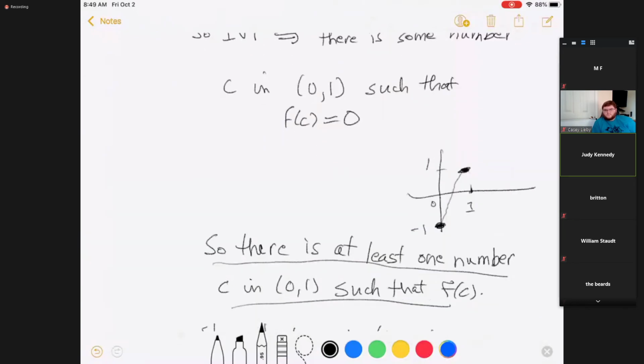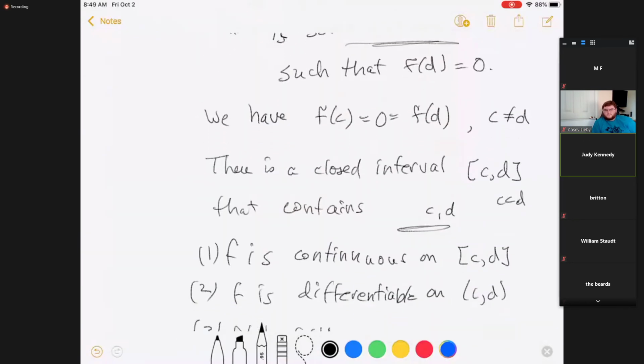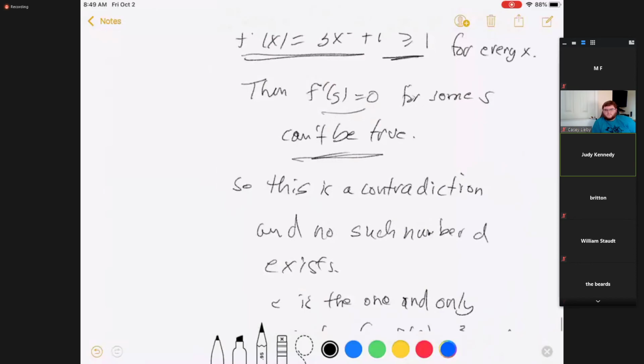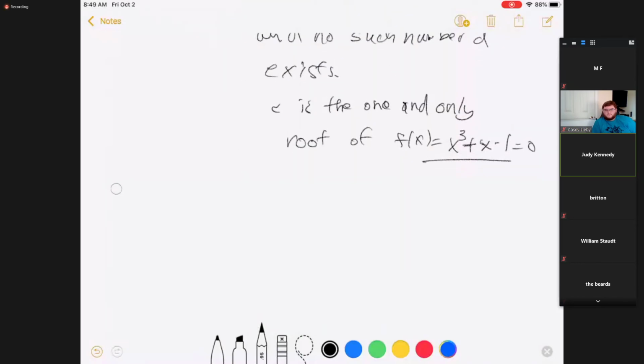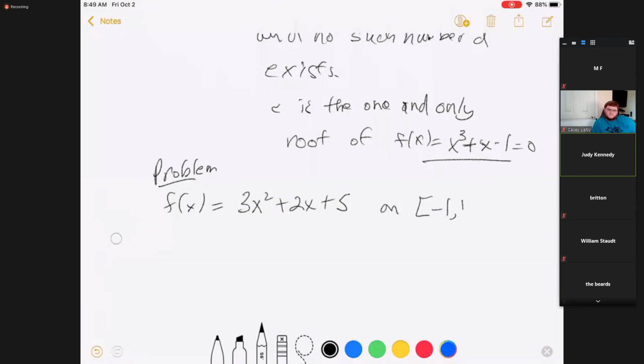Okay, so this is for the mean value theorem. Suppose that f of x is equal to 3x squared plus 2x plus 5, and we want to consider the interval from -1 to 1. So what do we want to do?